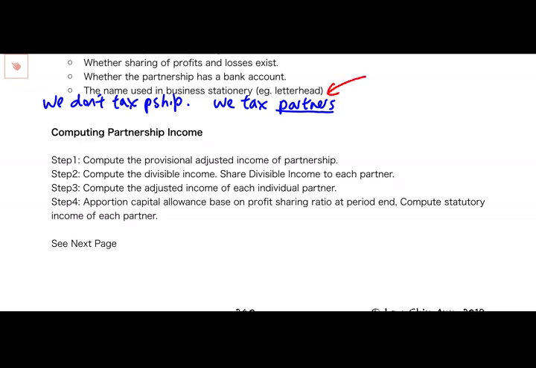And these partner, they are usually individual. Did I say they always individual? No, right? I said they are usually individual. So it's actually okay for you to have a partner who is a company. You can have a company as a partner as well. But they are usually individual.